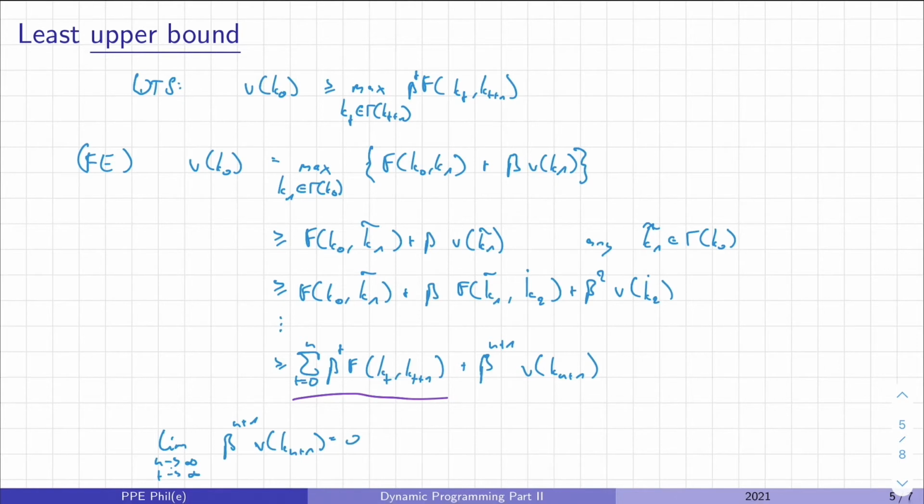And when this holds, we just showed that our candidate function is an upper bound. Now we have to show that it's the least upper bound.